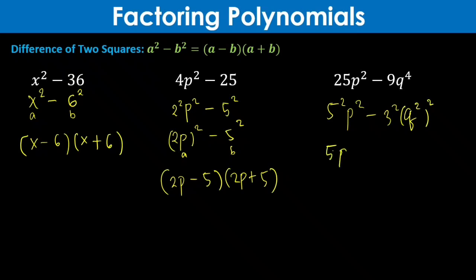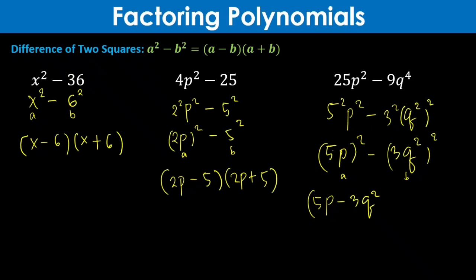This is 5p squared minus 3q squared, all squared. This is our a and this is our b. So we have a minus b, that is 5p minus 3q squared, times a plus b, which is 5p plus 3q squared.